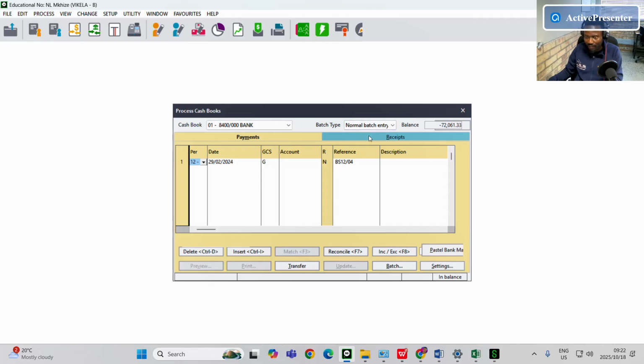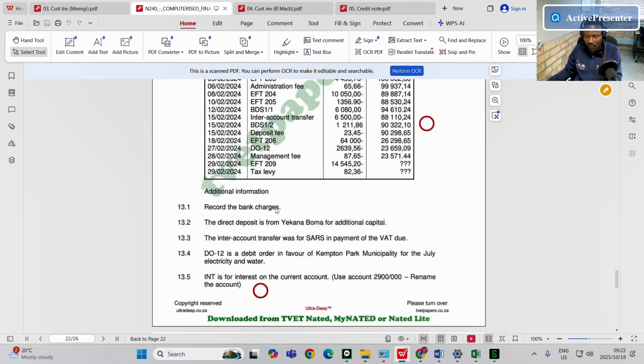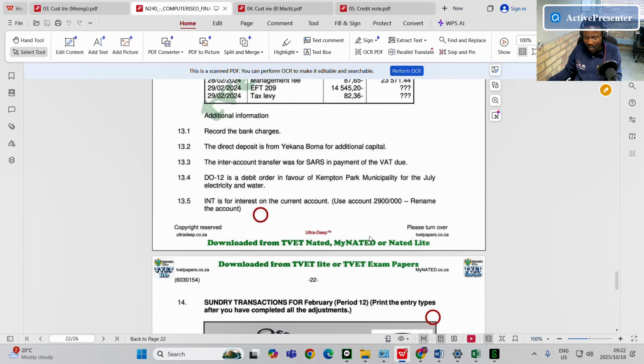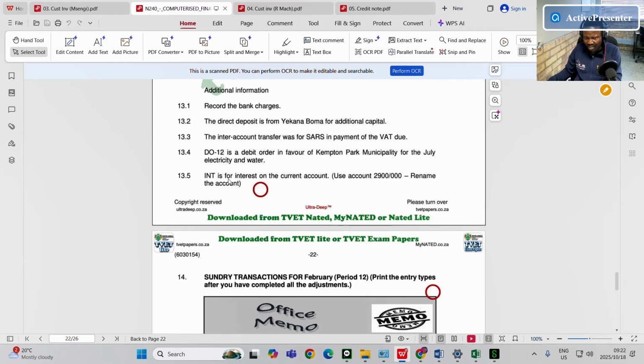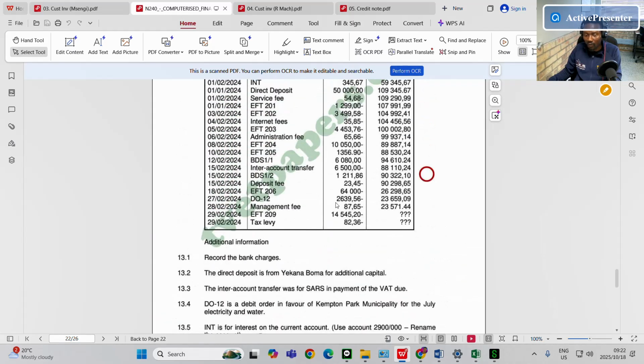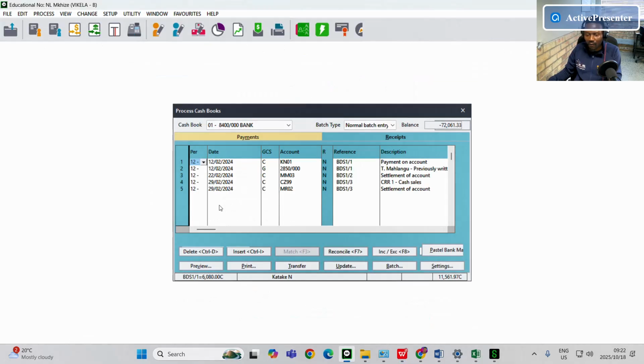Let me just confirm, because this was under BS/01, then this was BS/02, this was BS/03, and then here interest is from, okay. Yeah, so we're going to be starting from 04 now, because this is 1, 2, and 3. So doing the CRJ, we are starting at 04.